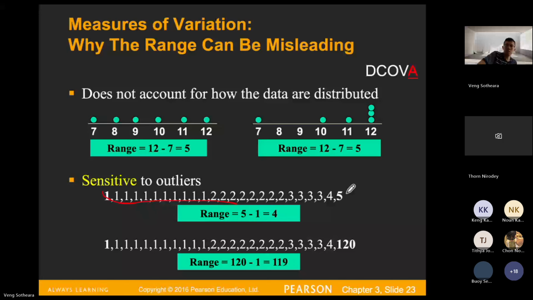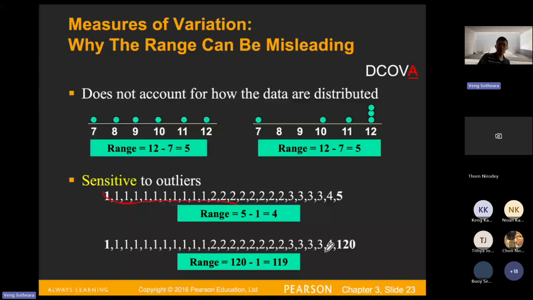We want to compute the range to see how spread out they are. The range is the difference between the largest and the smallest, so you get a 4 kilogram difference.